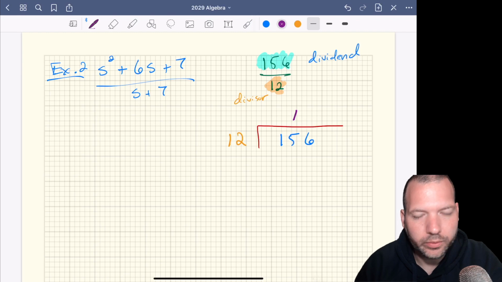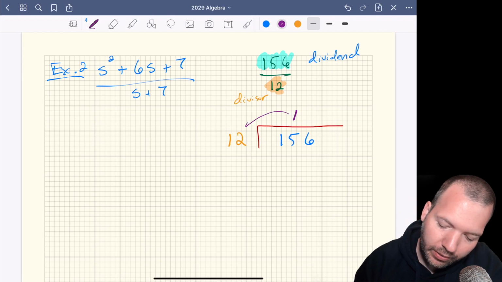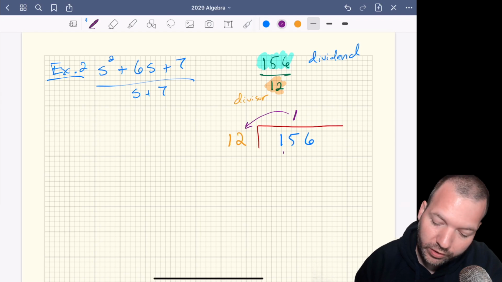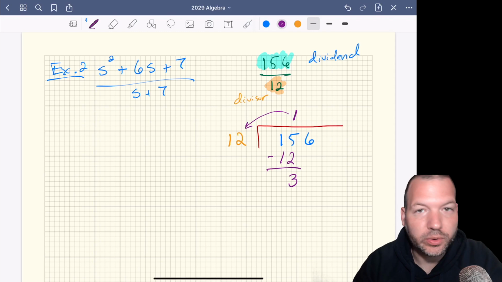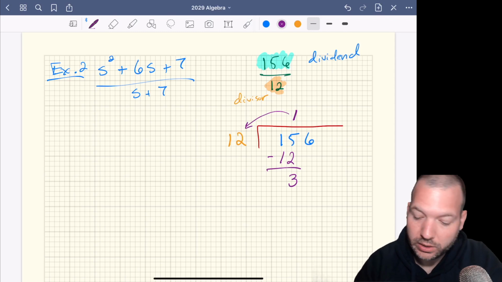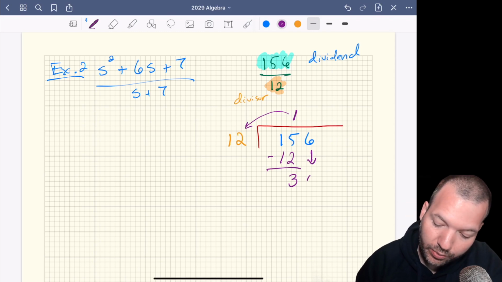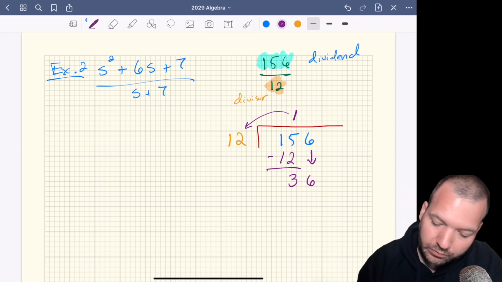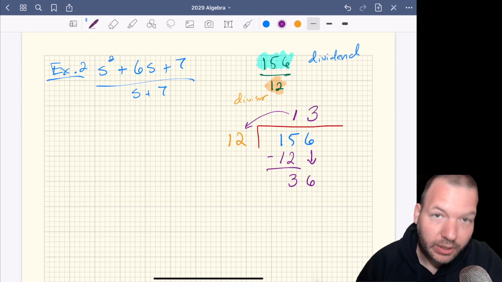And then what do we say? Okay, that's a part of our quotient, but it's not the answer yet. One of those 12s, that one time that it goes in, actually leaves 3 behind. We have to subtract to find what it leaves behind. And then we bring down the 6, and we start the process over, right? How many times does 12 go into 36? 3 times. Exactly?